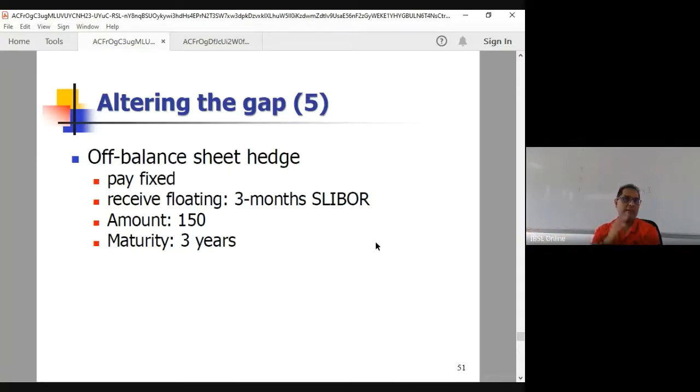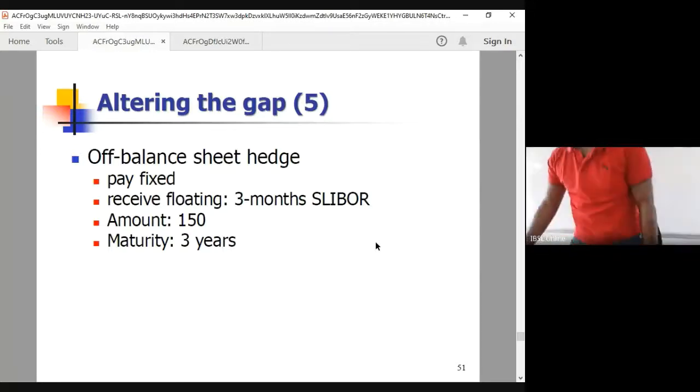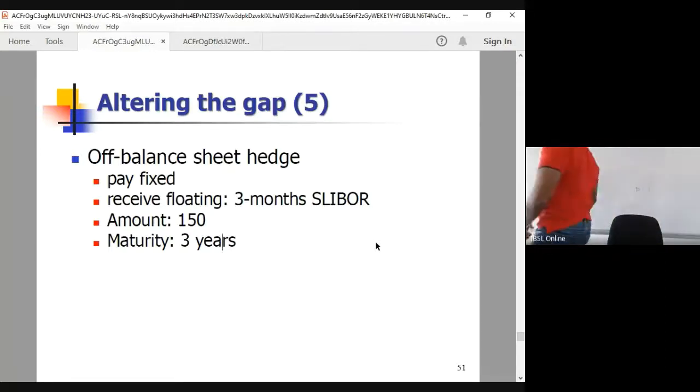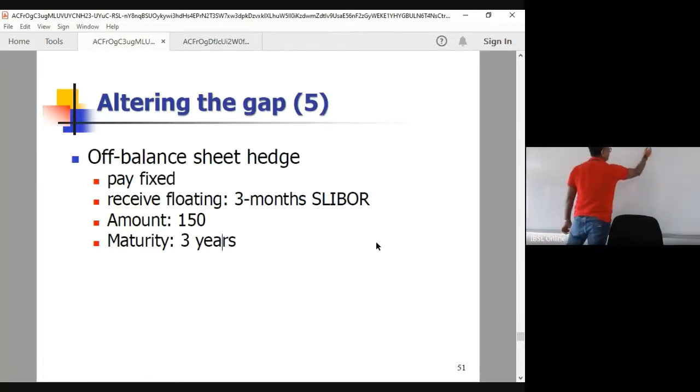Even if it's not the actual case, the fact that you have an opportunity lost on your books is in itself a negative for you. So I'll give you an example. You have an asset which is a 5-year loan, which you have lent at 10%.